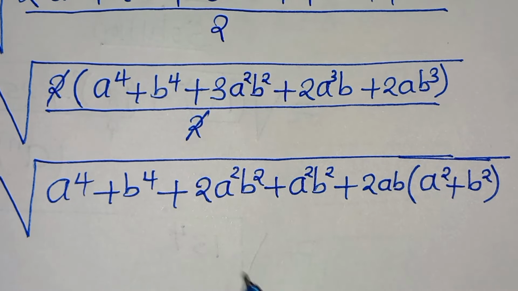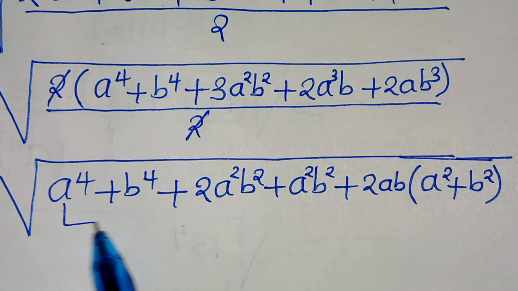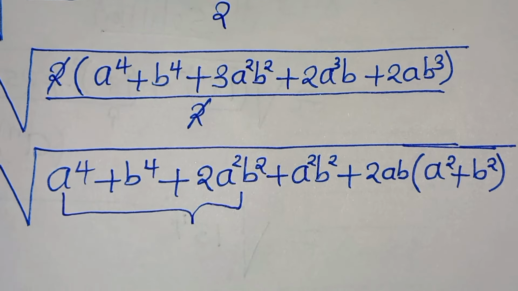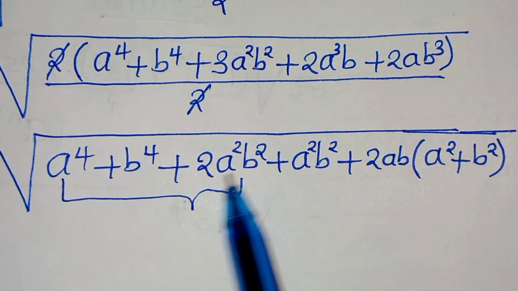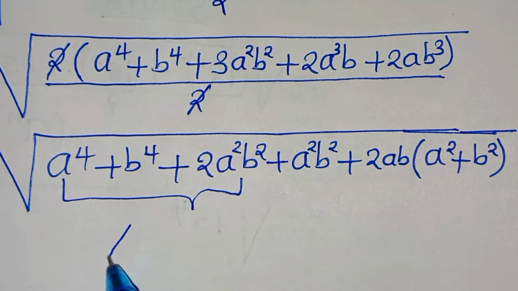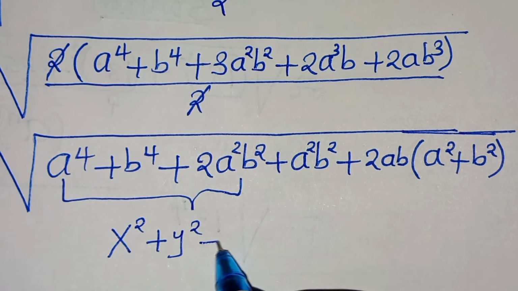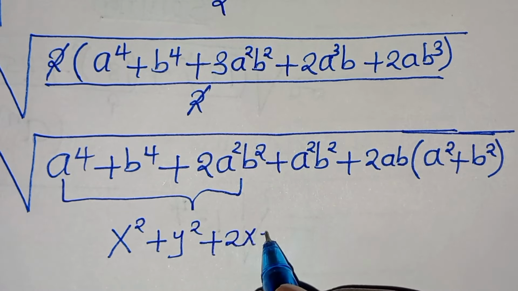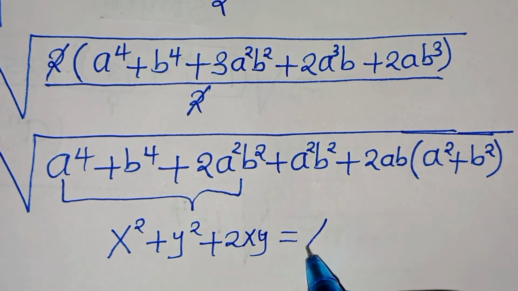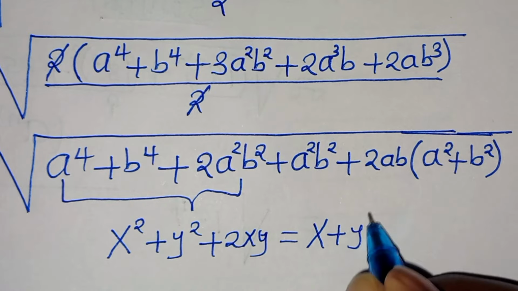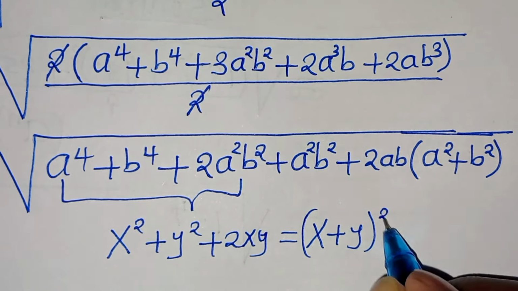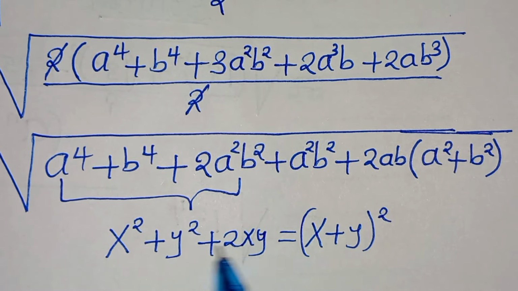Now, remember this is in the form of x squared plus y squared plus 2xy, which we can express as x plus y raised to the power of 2. So let's apply this algebraic identity.